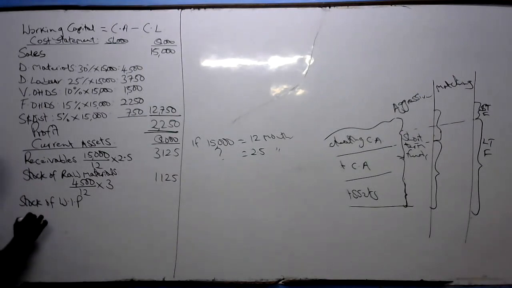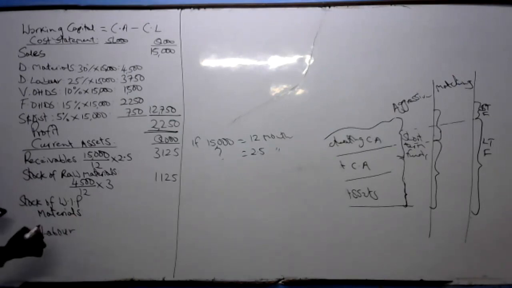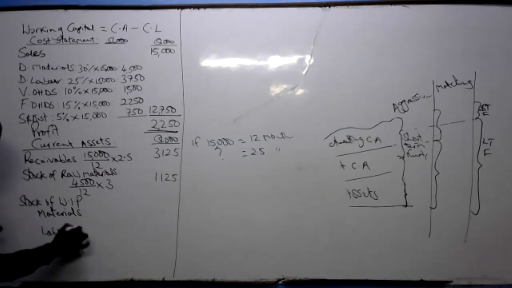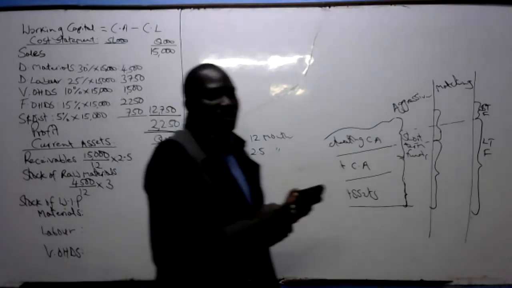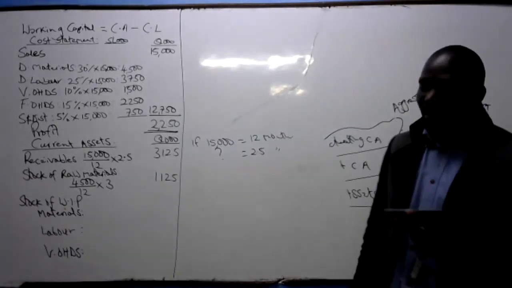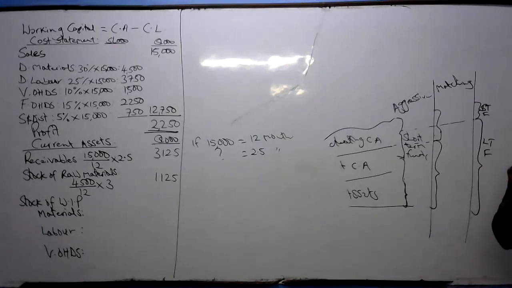So hapa tutakuwa na materials, labor, alafu tuko na variable overheads. So work in progress is a component of three items: materials, labor, and variable overheads. Na pale juu tumeambiwa work in progress represents 2 months worth of half processed goods.